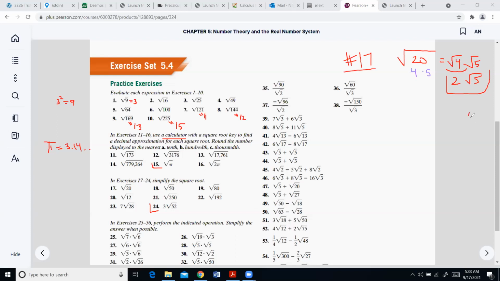What I want to do is factor 52. See if there is any perfect square present. So I have 26 times 2, and then I factor 26 with 2 and 13. I can see how to write this, 52. I can write 52 with a factor 4, right?